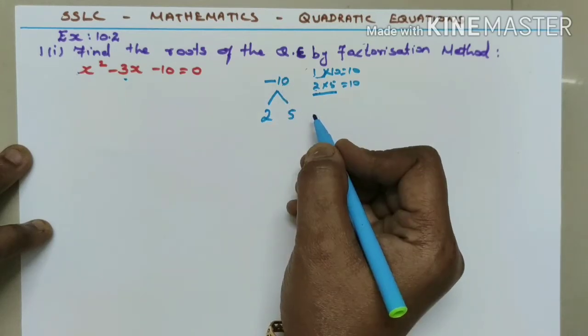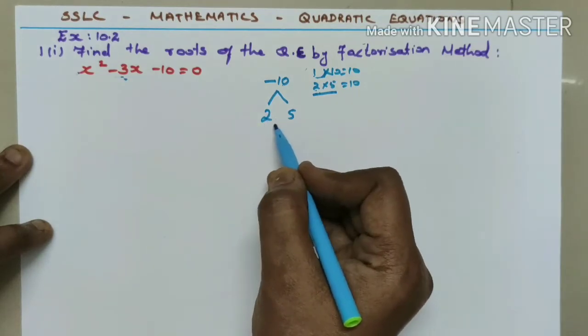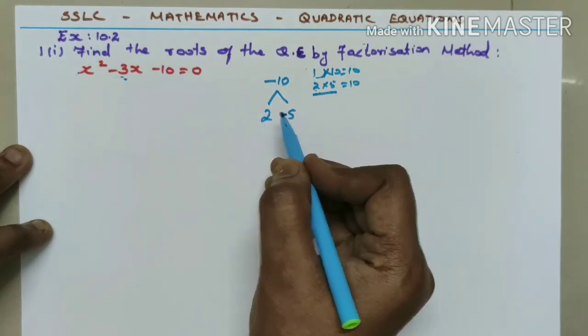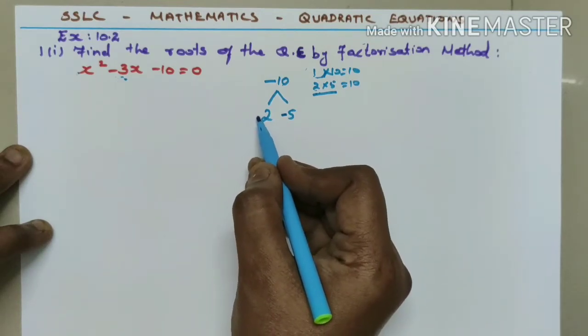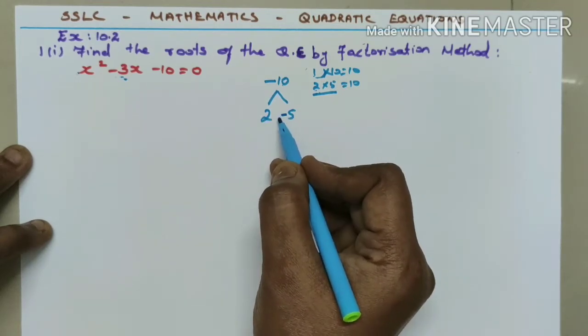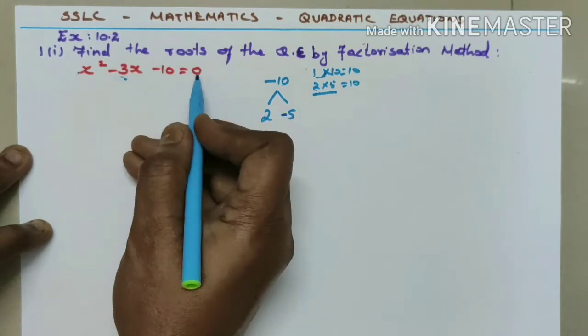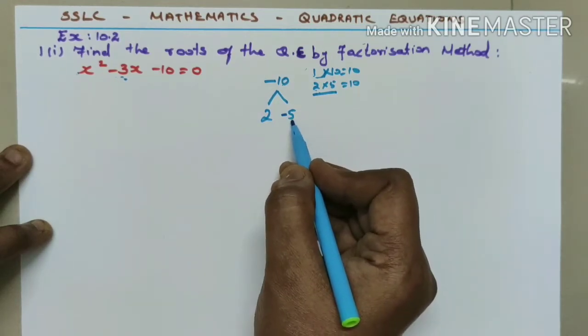Now here you should be very careful to put the sign. See here, minus 3. That means while subtracting the numbers, the greater number should be negative. Then only you will get minus 3. Suppose you put minus 2 here, and 5 is positive. If you subtract, this will become positive 3. But in the given question it is negative 3. So the greater number should be negative.